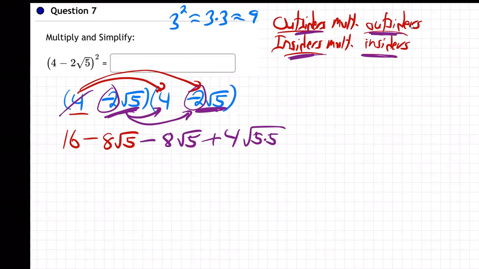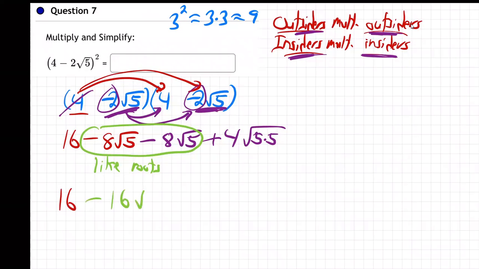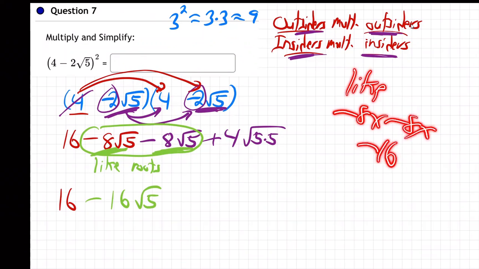But the outsiders do the outsiders, and the insiders do the insiders. Okay. And then these two in the middle are like terms. Let me write that for us. Like roots, so they can combine. So what do you get? Minus 16 root 5. So that makes sense. Minus 8 root 5 and minus 8 root 5. You just combine the numbers in the front. Minus 8 and minus 8 makes minus 16. It's just like minus 8x and minus 8x makes minus 16x.